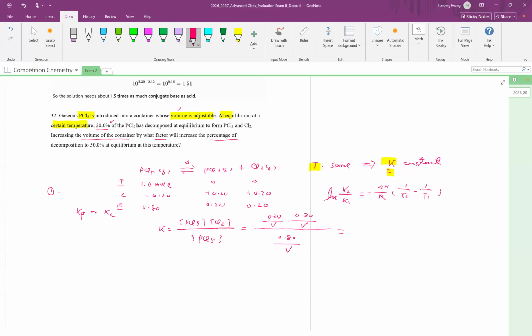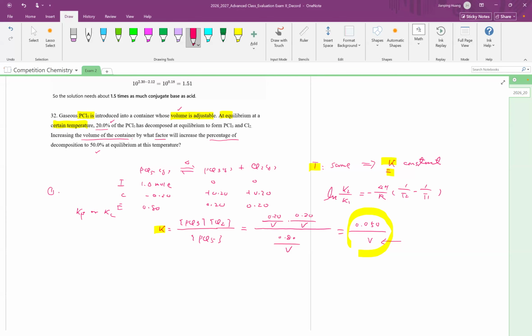You just do your math, and it should be 0.050/V. I think that's the one. So remember, K is a constant. This one will not change. We can change the V, then where is the change?